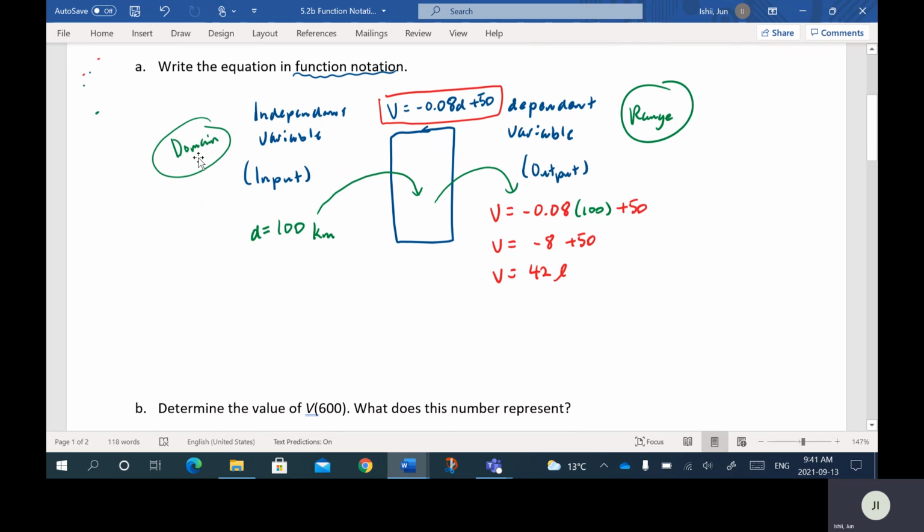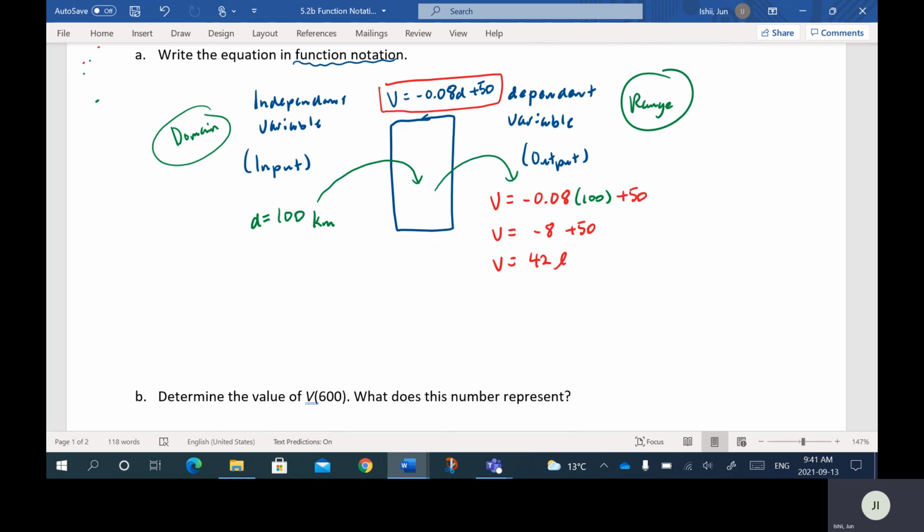This may look a little funky, but basically this equation, V equals negative 0.08 D plus 50, when I want to write it in function notation, you just add in a bracket. So V, bracket D, equals negative 0.08 D plus 50. Just a slight difference. After the V, you just put a bracket with the independent variable.